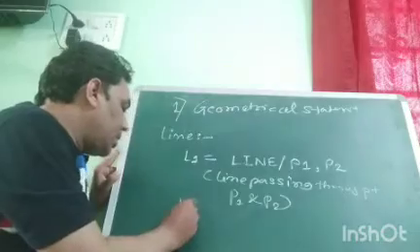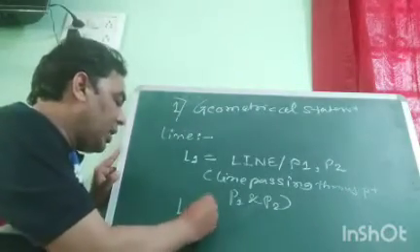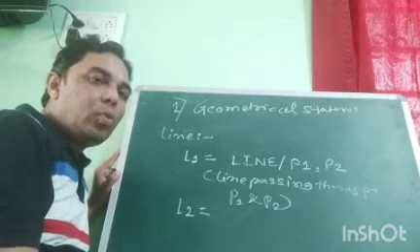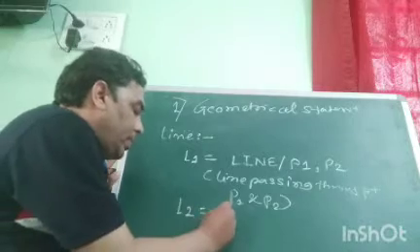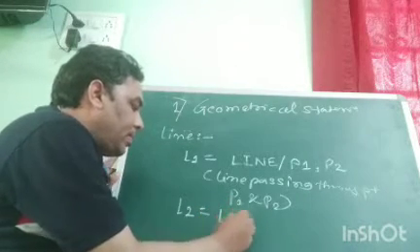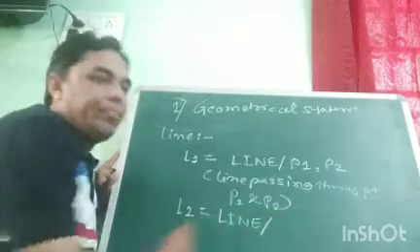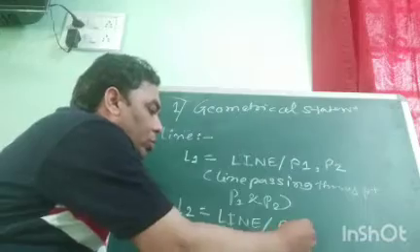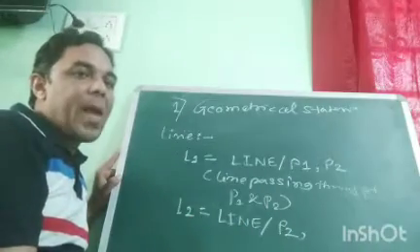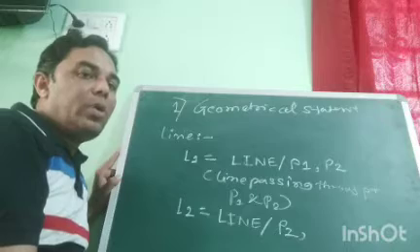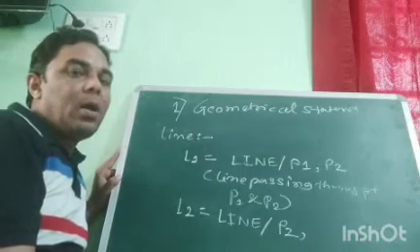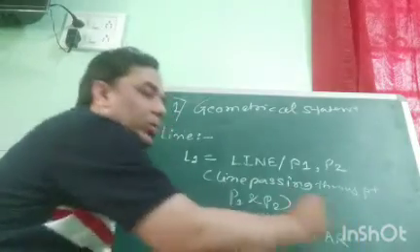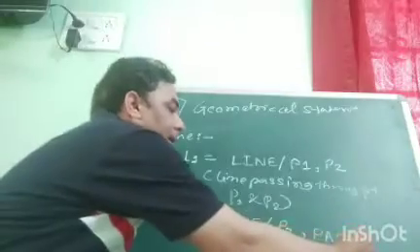How can we write it? L2 is a line which is parallel to line L1, but only when L2 passes through a point P2. So write down line, then it passes through the point P2, comma. Now for the parallel word, we just need to write down PARLEL.